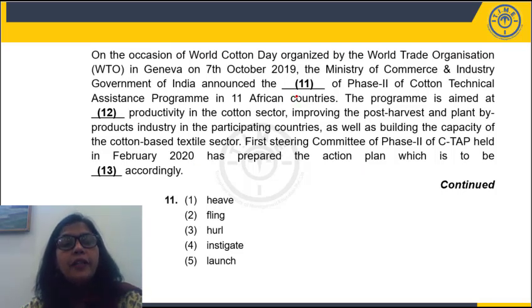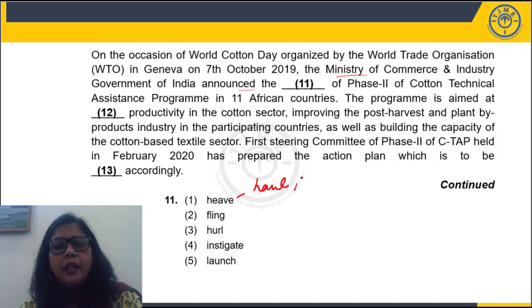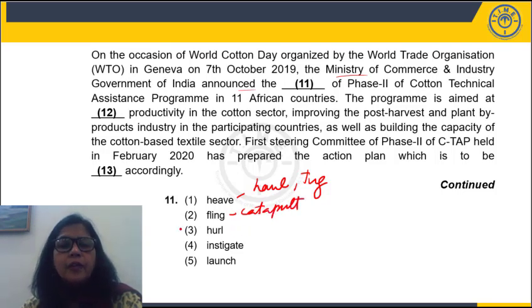So for the 11th blank, on the occasion of this day, the ministry announced the dash of this program. So announce the heave. No, heave means to haul. When there's something very heavy, like a heavy sack, and you heave it over your shoulders, right? Haul, to tug. Fling is to throw, like a catapult, right? Hurl, in fact, fling and hurl, they are synonyms also. They mean to throw.